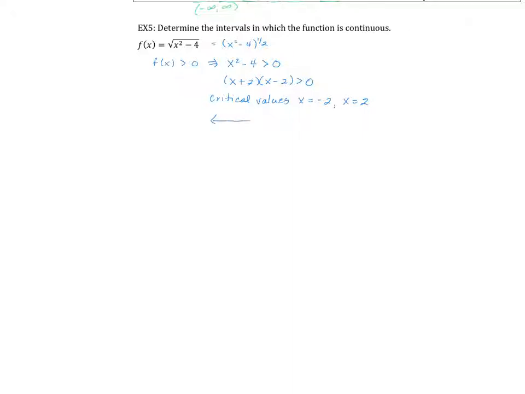Oftentimes what we do with those critical values is put them on the number line from small to large.